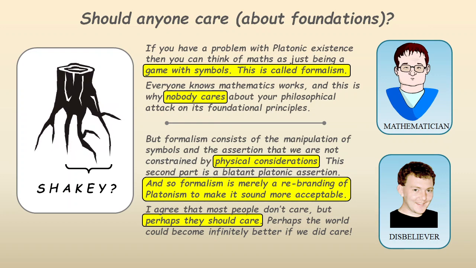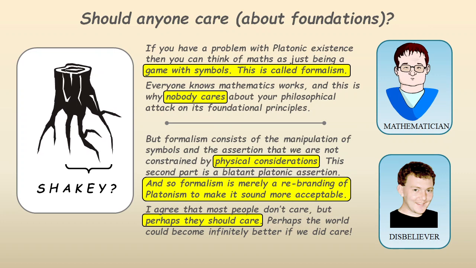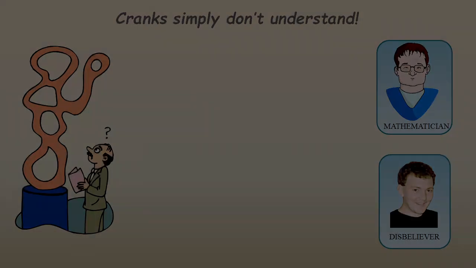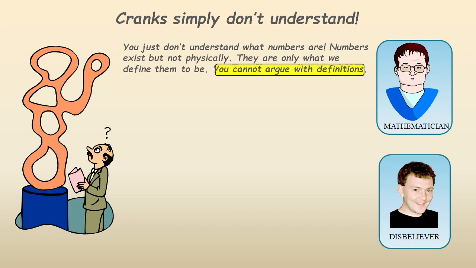Perhaps the world would become a better place if all the people in the world could agree on what the best approach to logical reasoning and logical deduction should be. But they, the mathematicians, think it's logically correct to define things into existence.